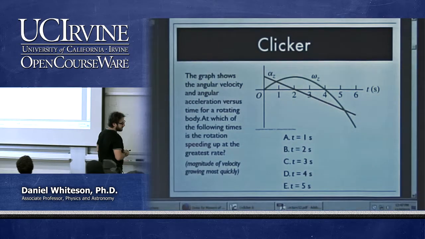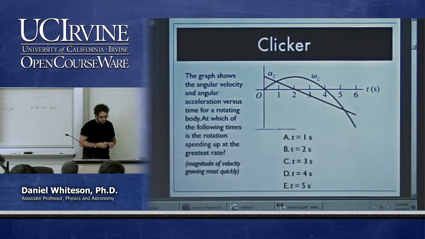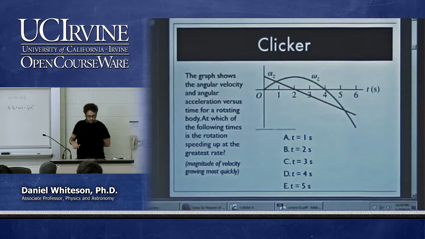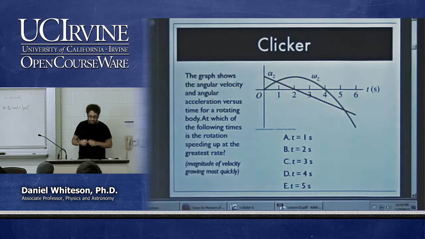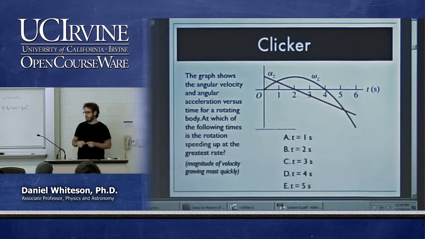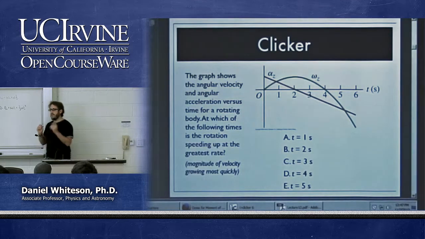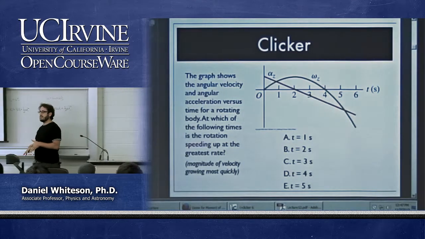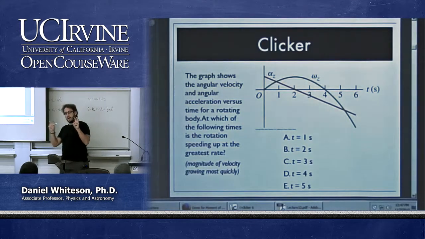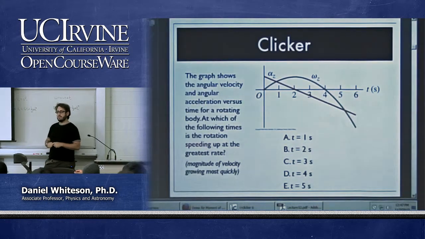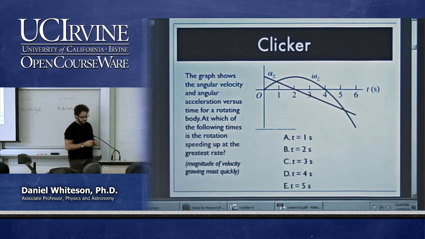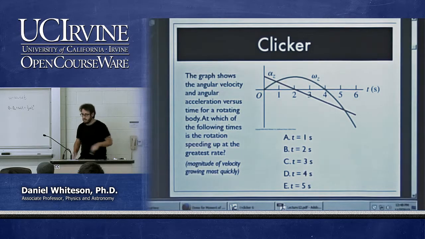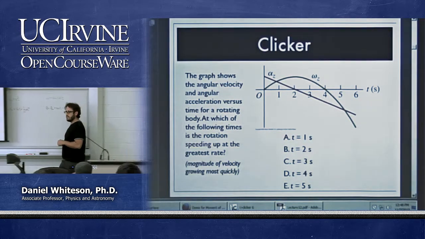So the question is, at which of the following times is the rotation speeding up at the greatest rate? Which you can interpret to mean the magnitude of the velocity is growing most quickly. Because if you have negative velocity and negative acceleration, that also means you're speeding up. Right? Remember, speed is the magnitude of velocity. So don't get confused about the signs. Okay, so how do we do this one? What is it asking us for?